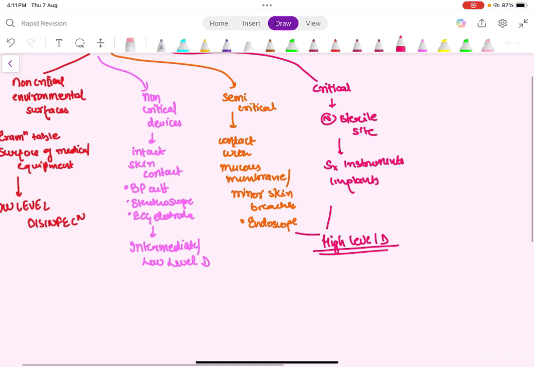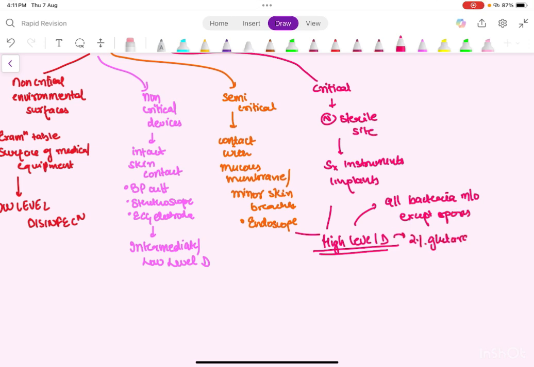Now we'll start from high level. High level disinfection means killing all bacterial microorganisms except spores. The materials you can use are 2% glutaraldehyde, 8% formaldehyde, 6 to 10% hydrogen peroxide, and ETO gas.